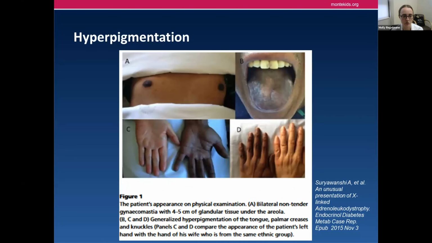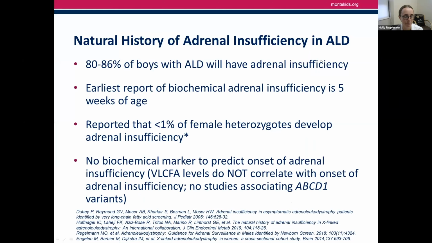And these are just some pictures of the hyperpigmentation. This is a husband and wife, and this is from a case report about ALD. And the husband has ALD, and you can see the darkening of the nipples, of the hands, and along the knuckles. And they show the tongue, but gums also get very hyperpigmented.